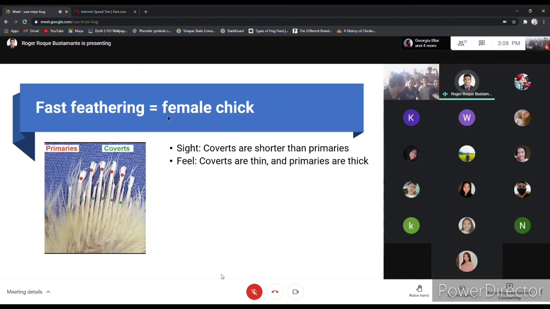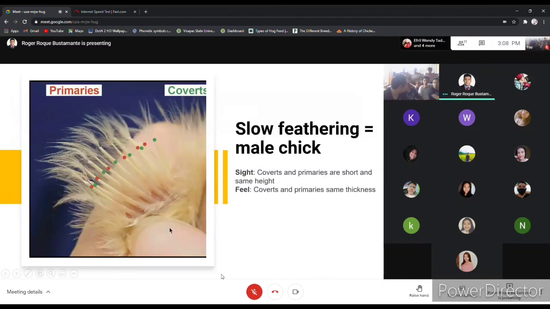Fast feathering is a female chick. See the primaries and the coverts: the primaries are longer compared to the coverts. Coverts are shorter than primaries, and coverts are thin while primaries are thick.